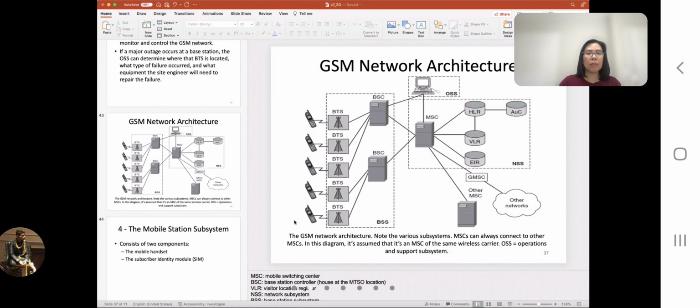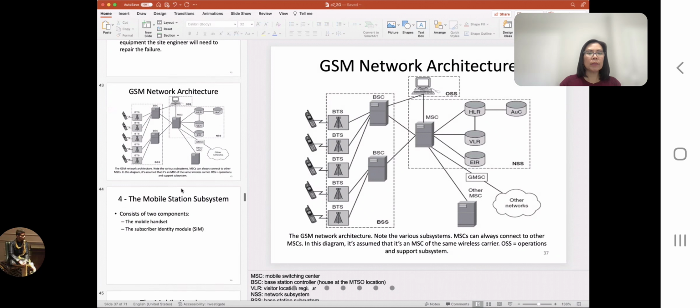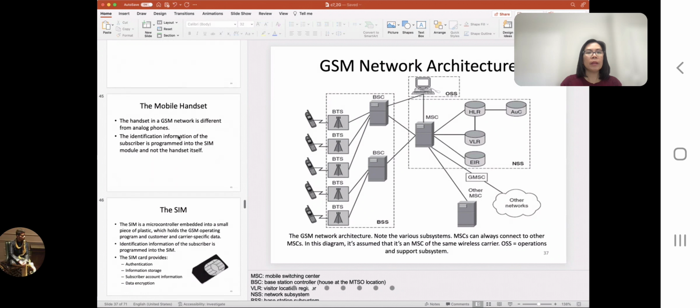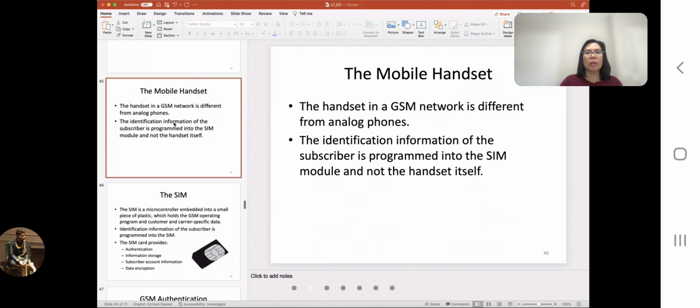The last block is the mobile station subsystem. The mobile station subsystem contains, of course, the phone itself, and the second component is the SIM card. Of course, the phone in a GSM network is different from analog phones because it is digital.